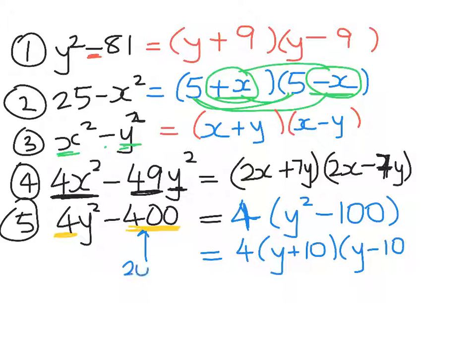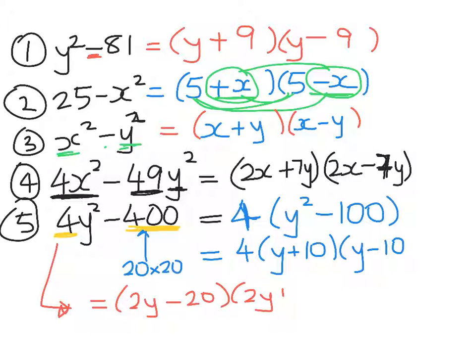The other way to do that, if you didn't spot it, is that in this case, this is the square of 20. So you could have not seen that there was a common factor and proceeded to do this. 2y minus 20 times 2y plus 20. But that's not fully factorised because I've still got a common factor sitting in here.